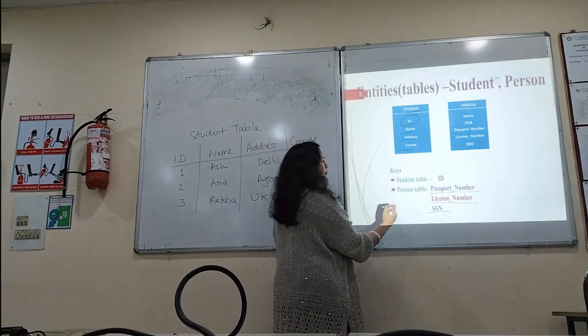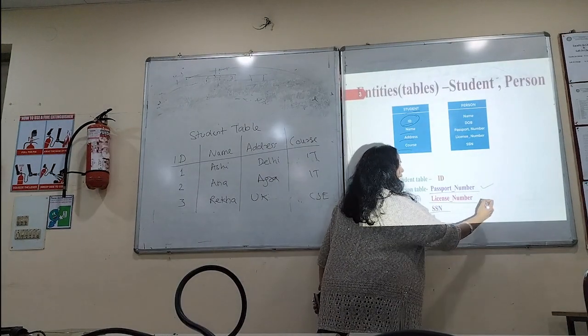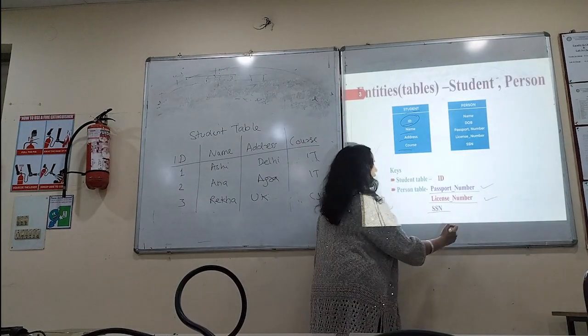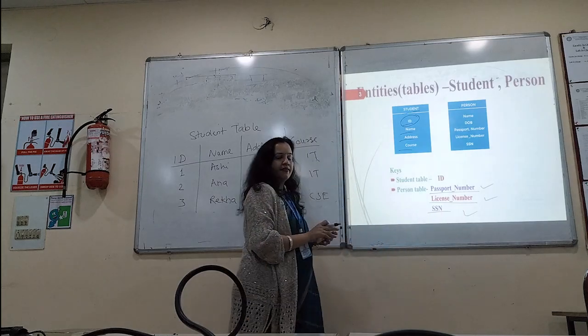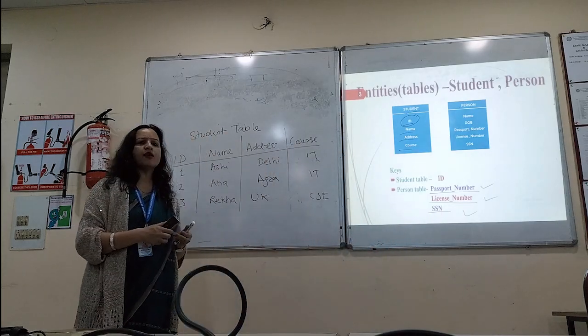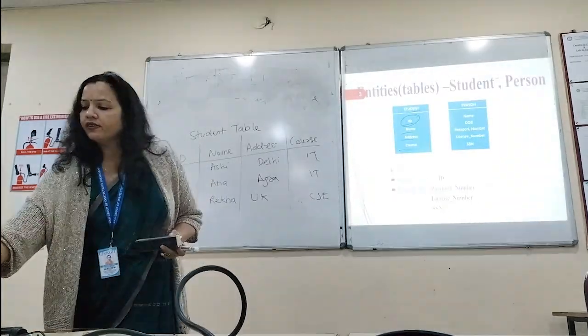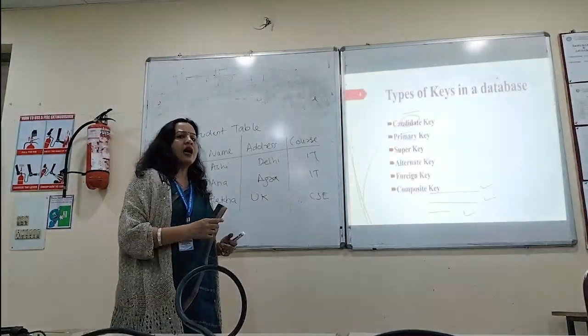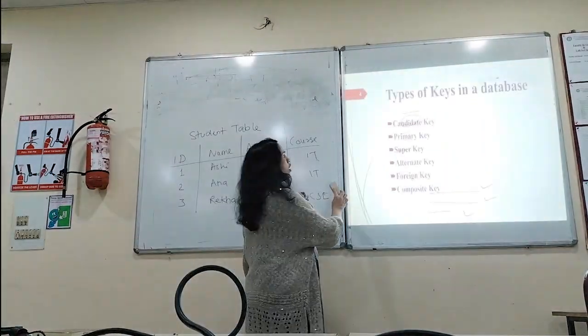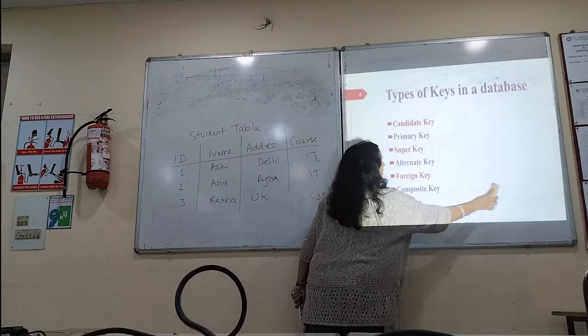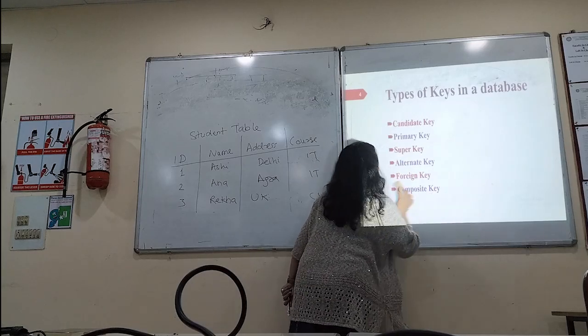That means passport number can be a key, license number can also be a key, and SSN can also be a key, right? So I hope the concept of key is clear to you. Proceeding further, now I will tell you what are the different types of keys in a database.